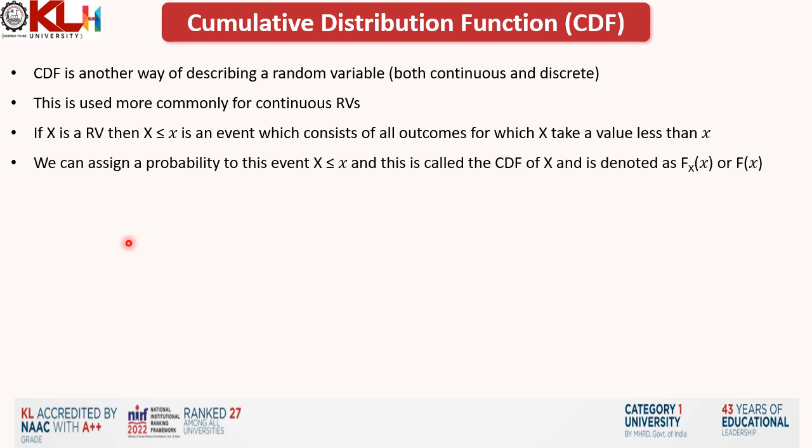So we can assign a probability to this event that the random variable takes a value less than or equal to some small x. And this probability is denoted by capital F of x, and that is called the CDF. So mathematically, F of x is the probability that the random variable is less than or equal to small x for all possible values of small x.